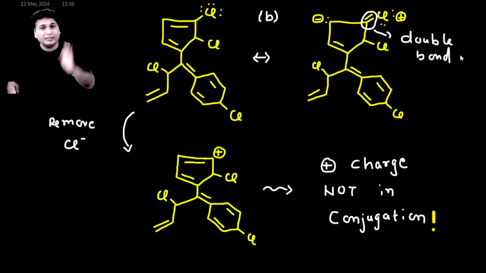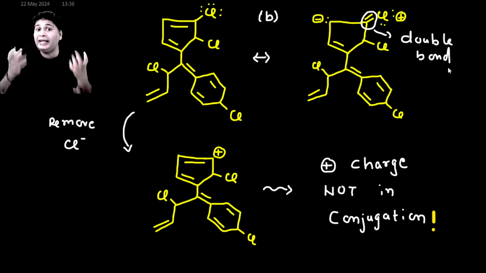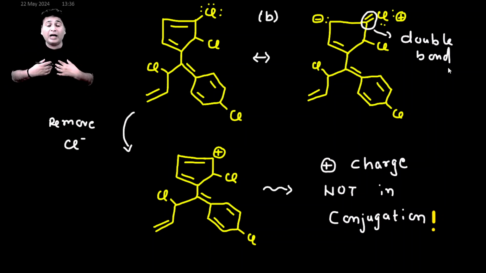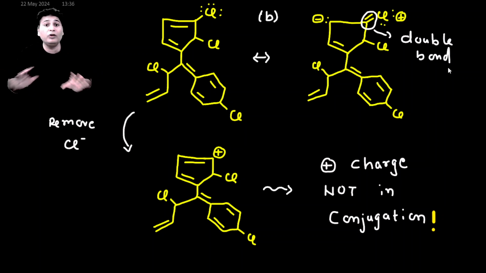In a similar manner, this conjugation has increased the strength with which this Cl is attached with this carbon. Now this carbon is holding the Cl with more force, and because of which the removal of this Cl becomes very difficult.